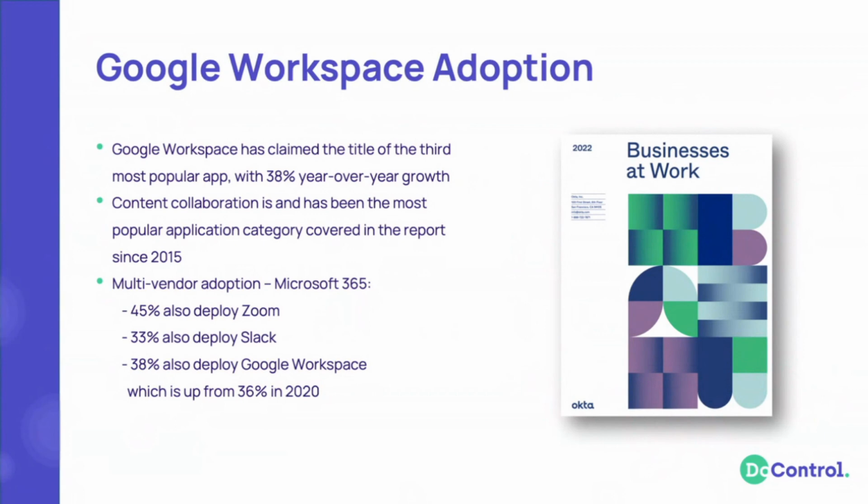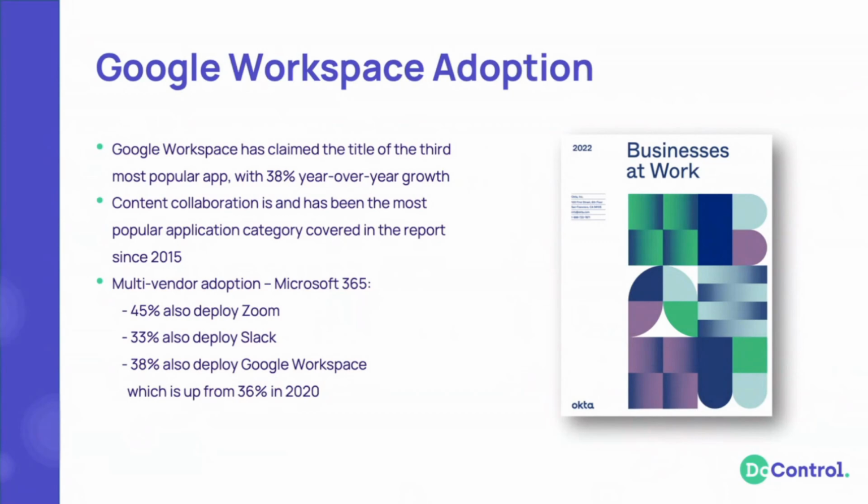So there's a clear need for organizations to adopt these SaaS applications that enable their users to collaborate on content, access files, share files, and really use these tools to help drive the business forward.